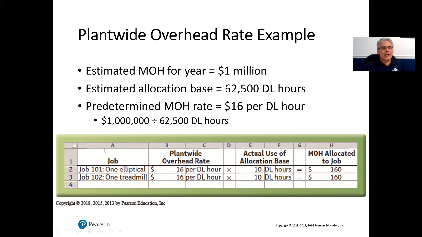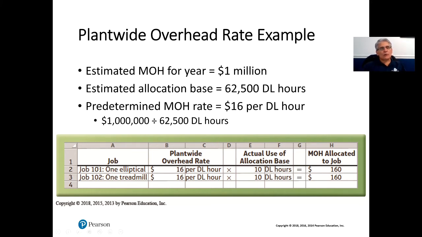So now we're going to look at specific jobs. In this example, job 101, which was 1 elliptical, ended up incurring 10 direct labor hours. We've already determined the rate is $16 per hour, so we'll take $16, multiply it by the 10 direct labor hours, and that results in $160 allocated to that specific job.